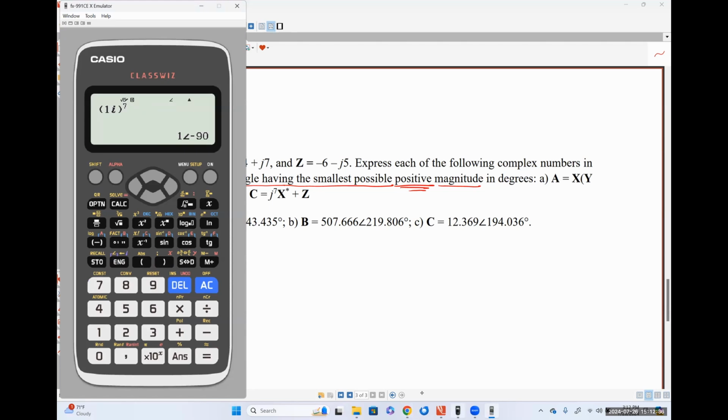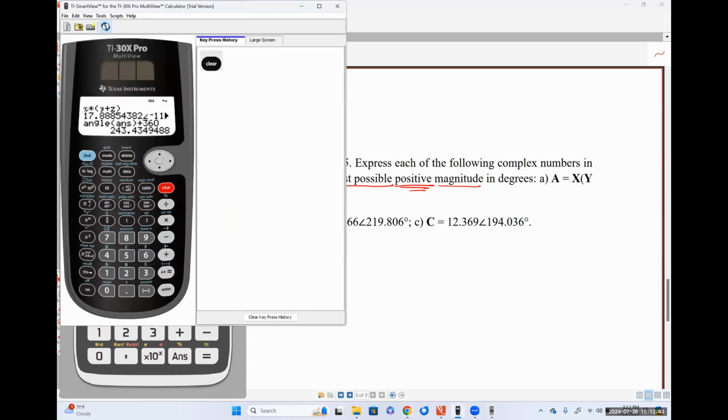But if I pull up the TI, I think it's going to freak out. I might be mistaken. Yeah, so it gives me a domain error. So it doesn't know how to interpret j to the 7th power.